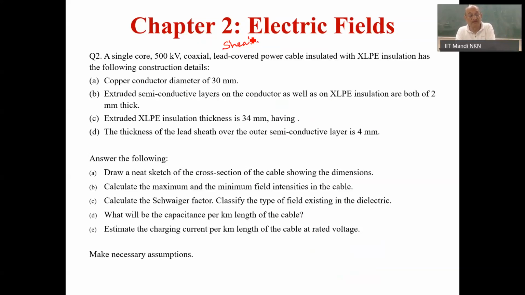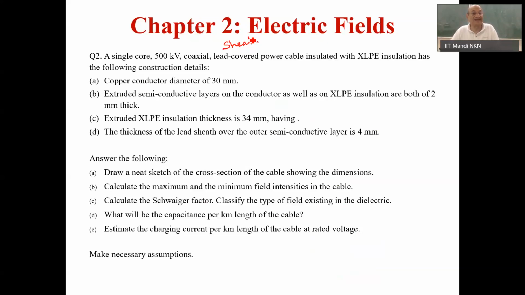It is extruded in one shot over the insulation, and you have to take care that the temperature does not damage the electrical insulation, because very hot lead sheath is extruded on top of the cross-linked polyethylene insulation, and no damage should take place because it is immediately cooled under water conditions.